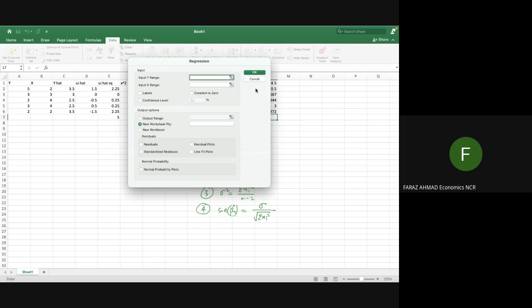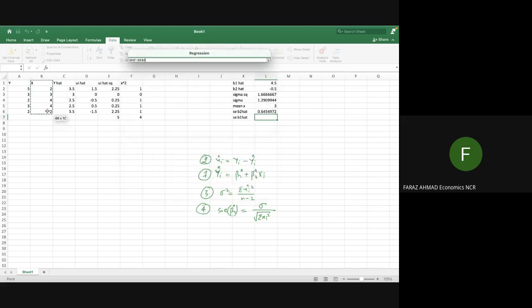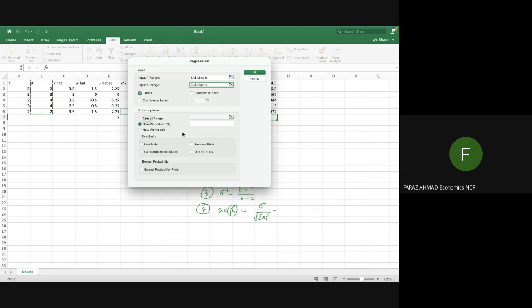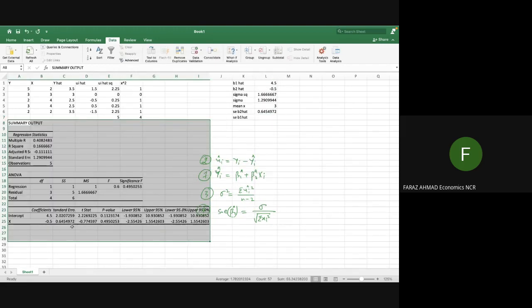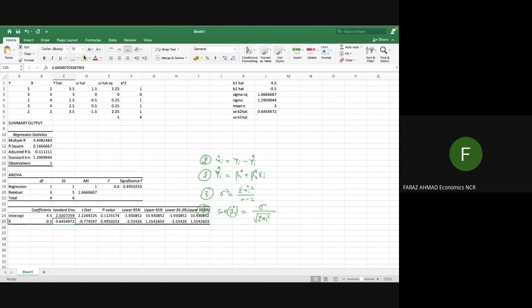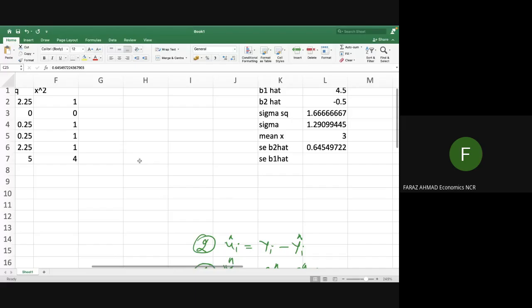So I'll go for regression, select the Y range, select the X range, labels are included, output I want to put somewhere here, press OK, and you can see this is beta 1 hat, this is beta 2 hat, this is standard error beta 1 hat, and this is standard error beta 2 hat, 0.64549, and what I have calculated is 0.64549 here.